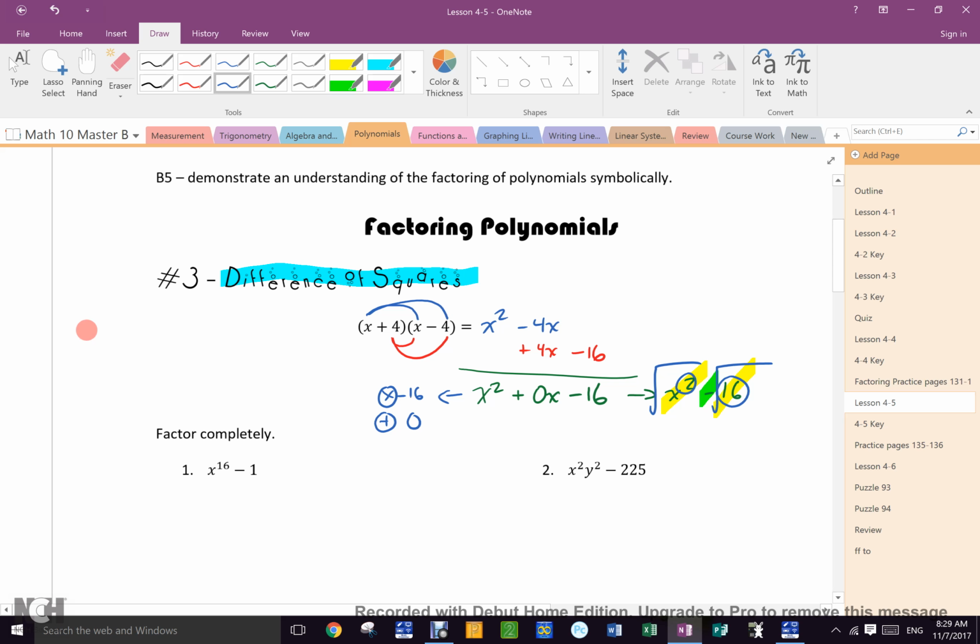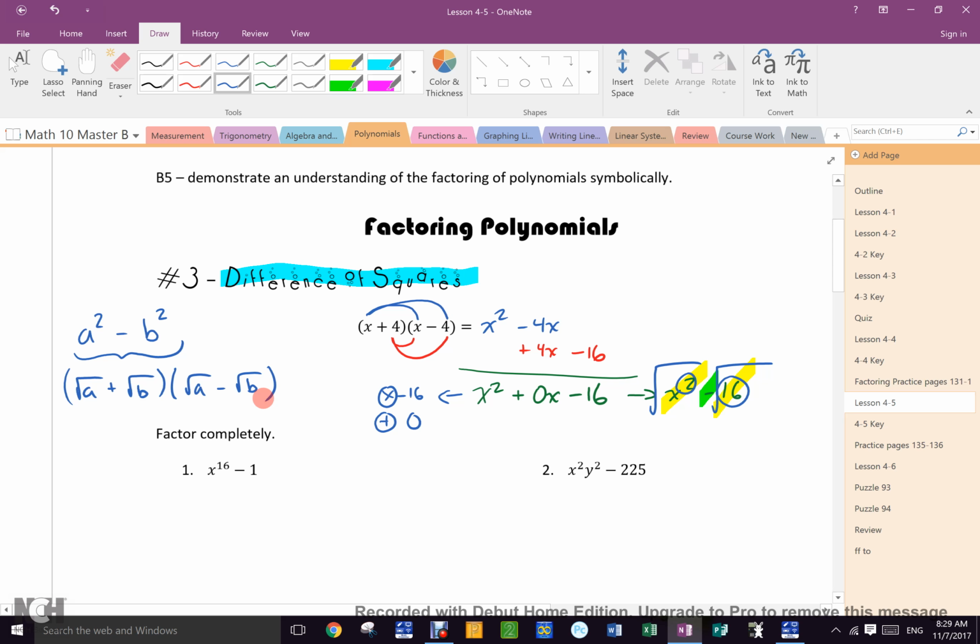If I have any number squared minus any other number squared, if I factor it, I get the square root of the first number plus the square root of the second number. And then I get it again. The square root of the first number minus the square root of the second number.